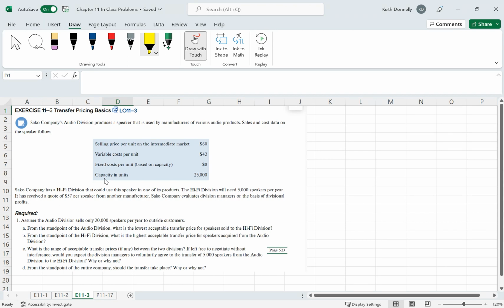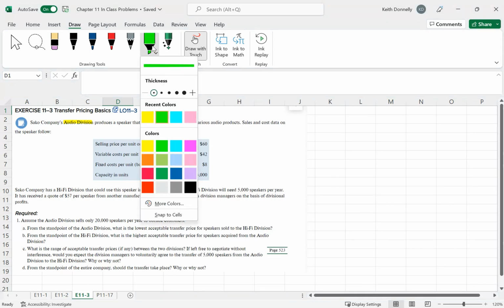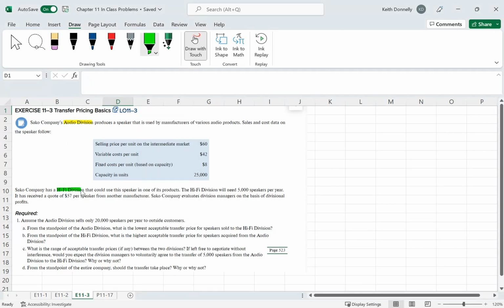All right, so it looks like they have a hi-fi division that could use the speaker. So we're potentially talking here about the audio division selling it to the hi-fi division. That hi-fi division is going to need 5,000 speakers per year, and they've received a quote of $57 per speaker from another manufacturer on the outside market.